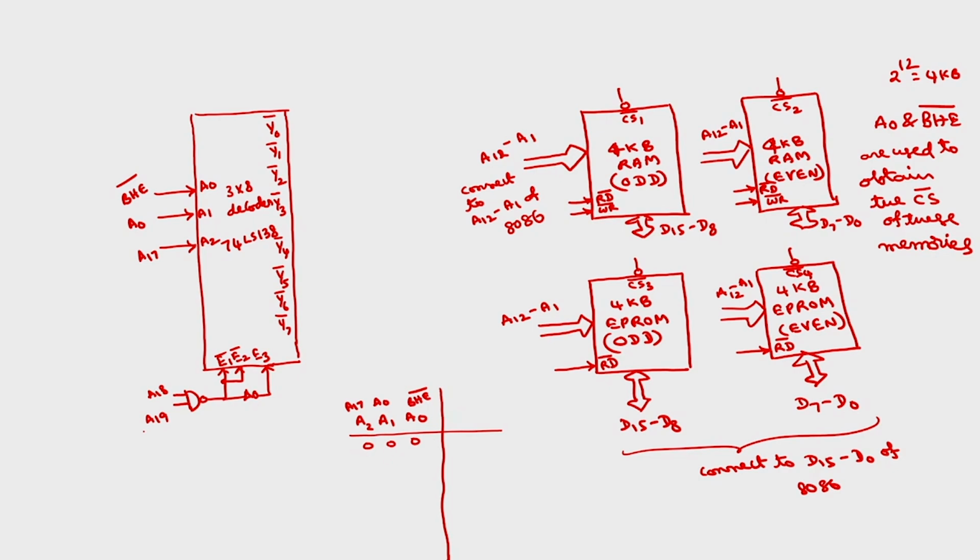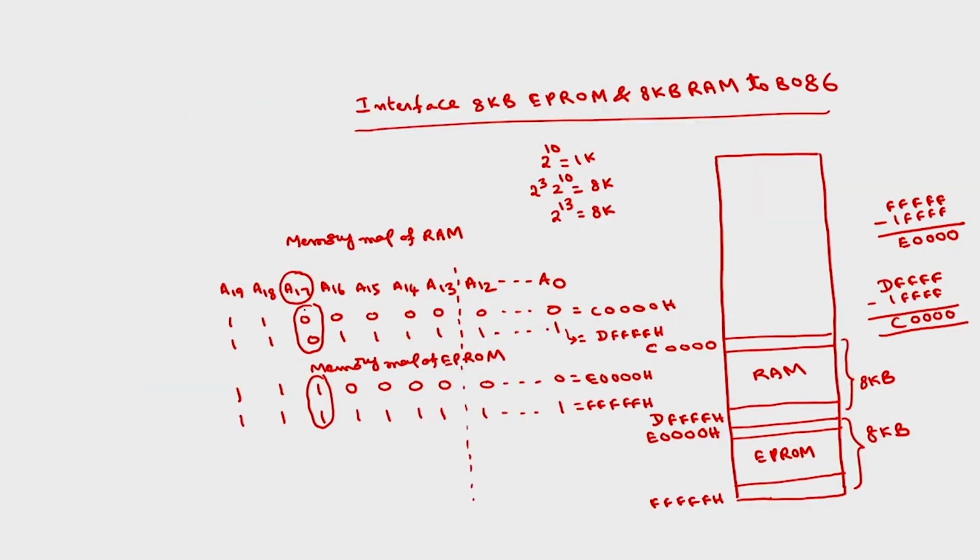If it is 0, 0, 0, what is the operation? A0 is 0 and BHE bar is 0, which means it is a word operation. And because A17 is 0 in case of RAM and 1 in case of EPROM, A17 being 0 means RAM.